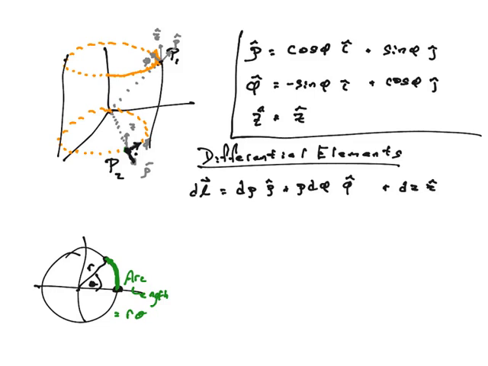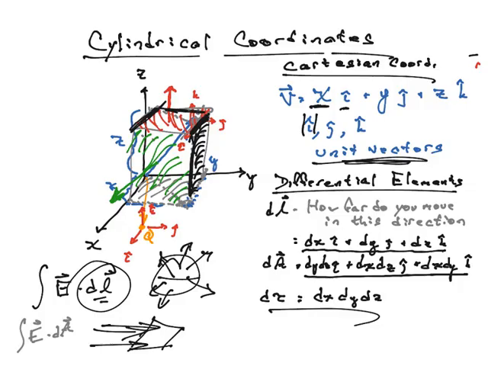That's my differential length. The next one, differential area. If we remember how we did it with the Cartesians: in the x direction, it was dy dz. In the y direction, it's dx dz. In the z direction, it's dx dy. It's always, for this particular direction, what are the other two doing?